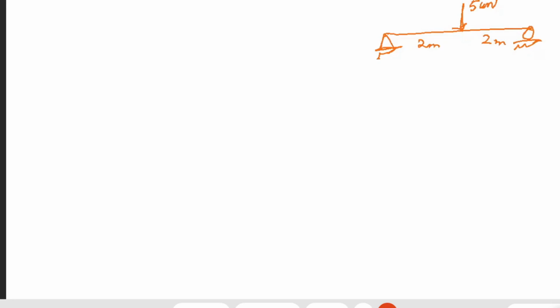And if I have to draw its shear force and bending moment diagram, what will I do? As per dealing with beams as a function of x, I'm drawing it as a function of x.